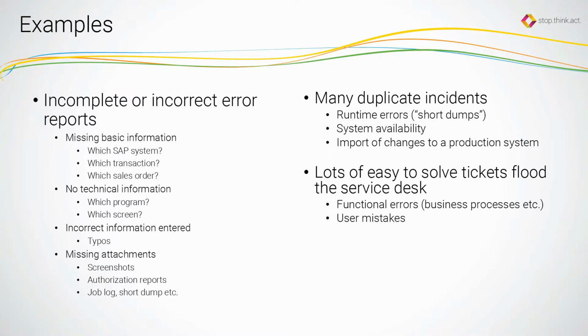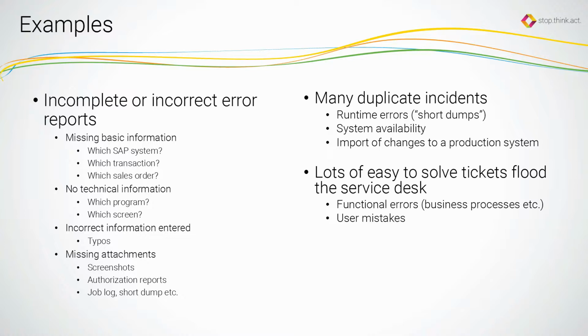We had trouble with error reports which were missing basic information, like which SAP system was affected, what transaction was running with what data, what was the selection criteria for the report that was executed, and so on. Also, we can't expect SAP end users to enter technical information into incidents like screen numbers and program names.